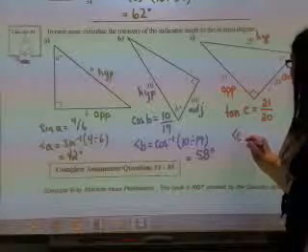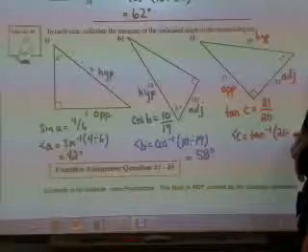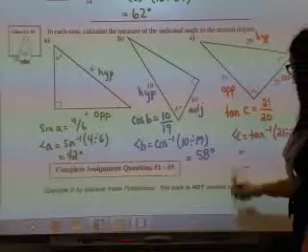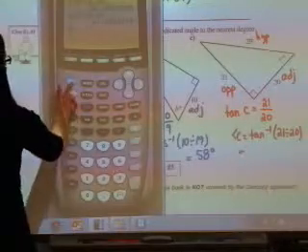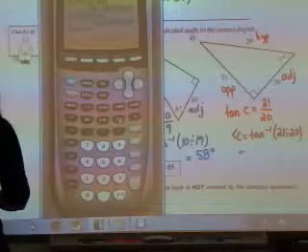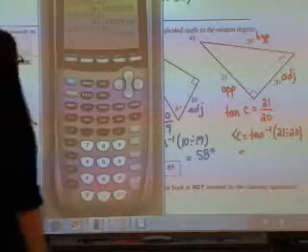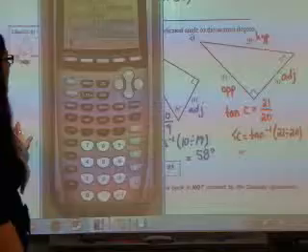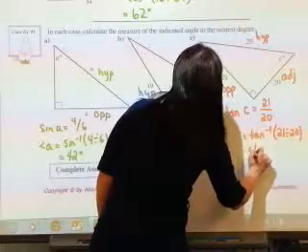So then angle C would be tan inverse 21 divided by 20, which if I put that into my calculator, tan inverse 21 divided by 20, I get 46.3, which becomes 46 degrees.